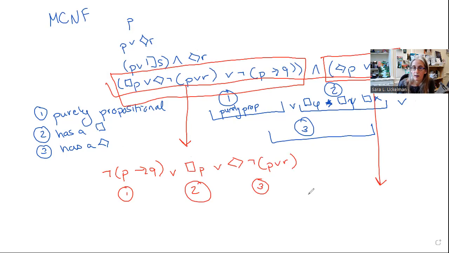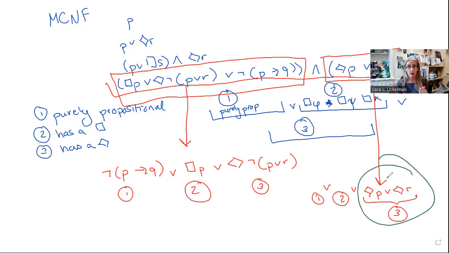This other conjunct doesn't have any type 1s, and it doesn't have any type 2s. But it's got two of the type 3s. We've got possibly P or possibly R. And so we want to have these at the end. But as I said, we're going to do one more thing once we've collected all of our possibility formulas on the far right-hand side of our disjunction. Remember, way back when we were talking about system K, we had the equivalence between the possibility of a disjunction and the possibility of each of its disjuncts.